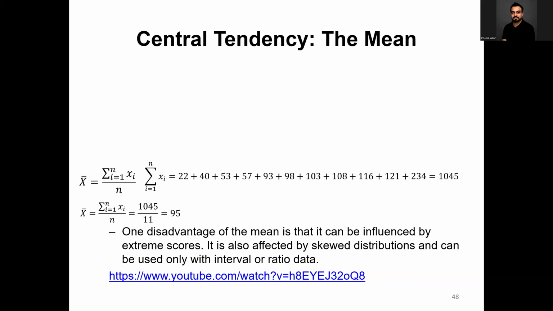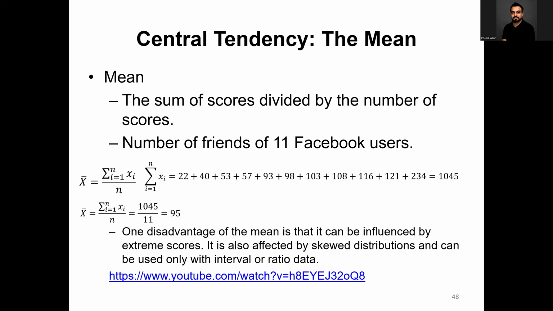The mean is the most important value of central tendency. It is the sum of scores divided by the number of scores. So we have an example here: number of friends of 11 Facebook users.